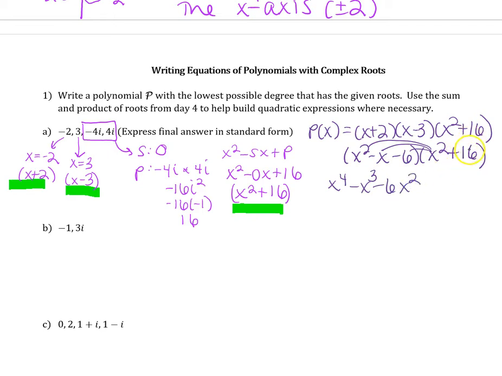And then I'll distribute the 16 going back. Okay, and then I just got to combine my like terms. So it looks like I just have x squareds to combine.